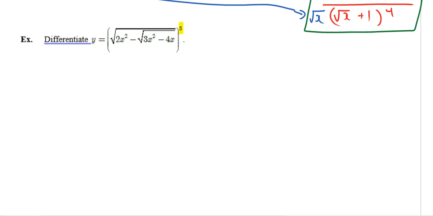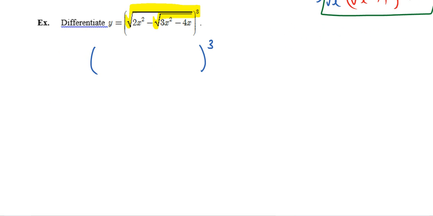The first thing I would do is take all your square root signs. Anytime you see a square root sign, I would change that to the power of 1/2. So let's go ahead and do that. Well, first of all, everything is being raised to the power of 3, and then I have this 2x squared guy here.